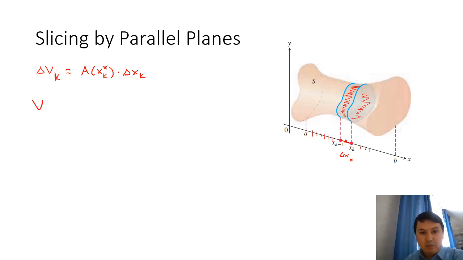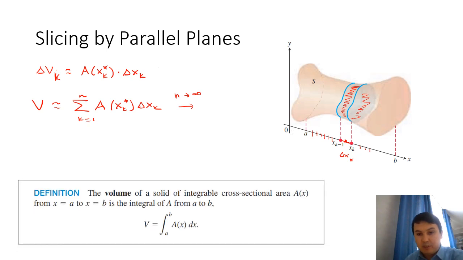Then the whole volume is roughly the sum of these small volumes, A(x_k) delta x_k, where k runs from 1 to n, and then you let n go to infinity, which gives you the integral formula: the volume of a solid is the integral of the cross-sectional area.